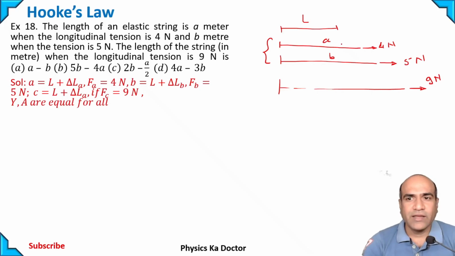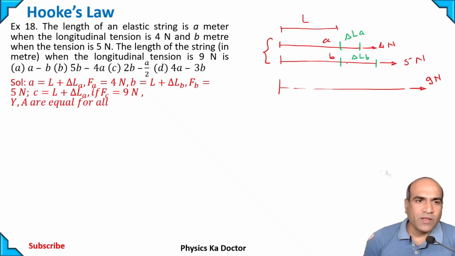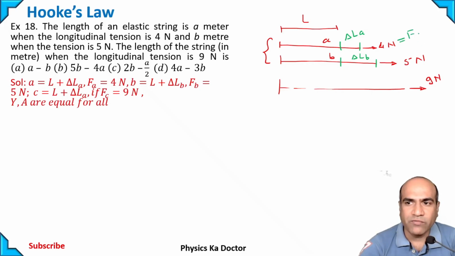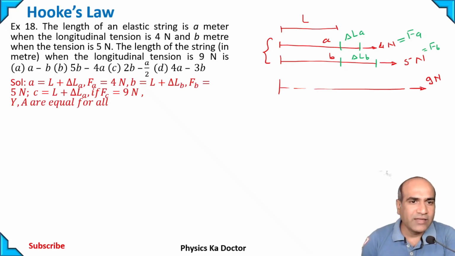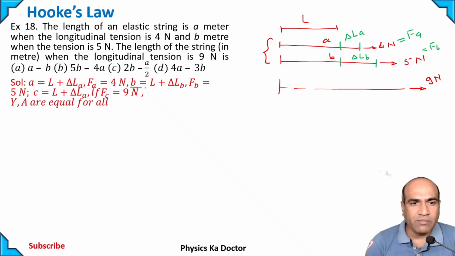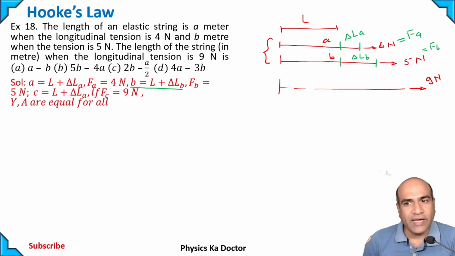It is L, and with the first increase, when the load of 4 Newton is applied, say for example it becomes delta L A for the case A, and similarly delta L B for the case B. So let us assume FA for case A and FB for case B. So A is equal to L, the original length, plus the increase of length delta L A, and B is equal to L plus delta L B.